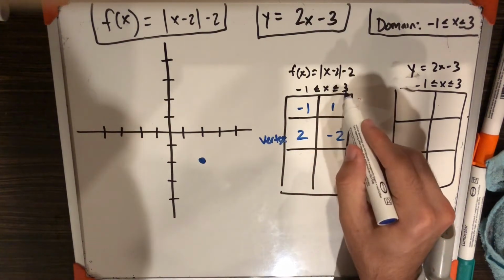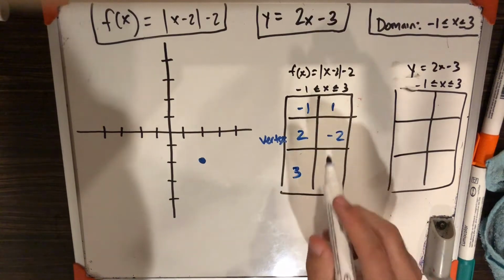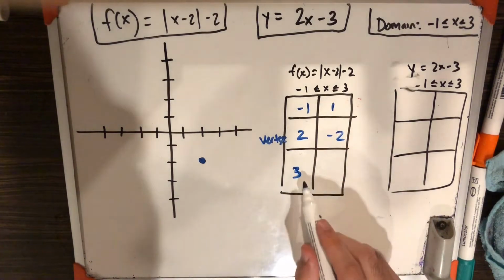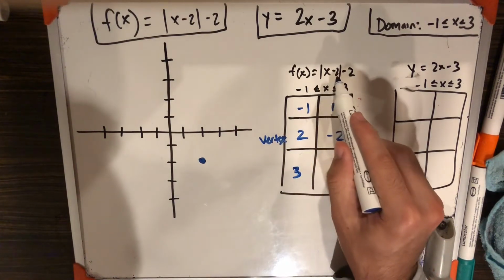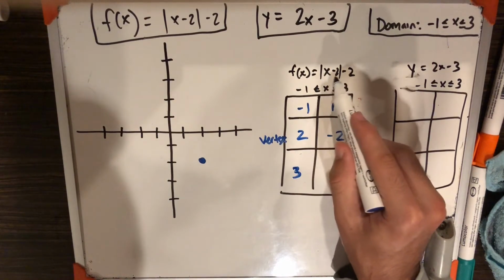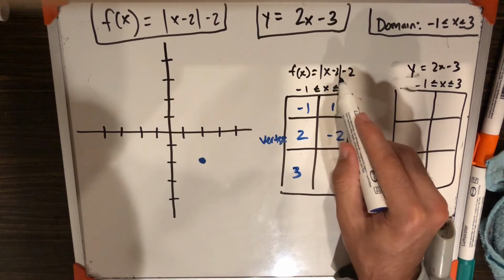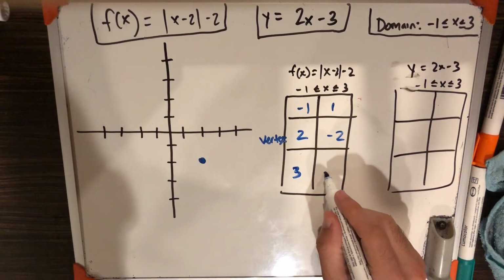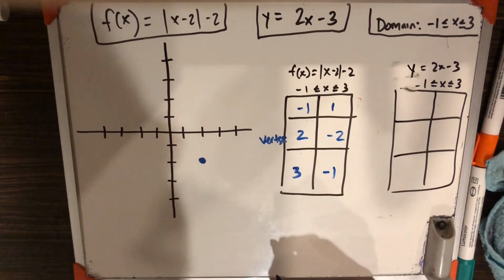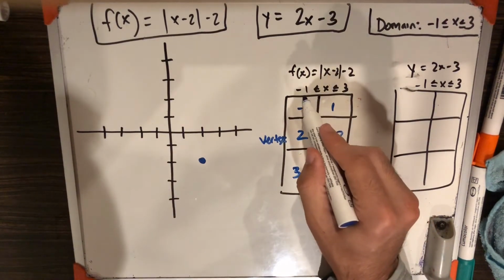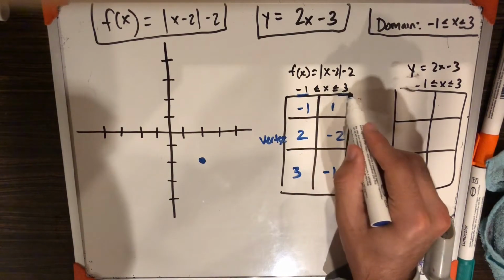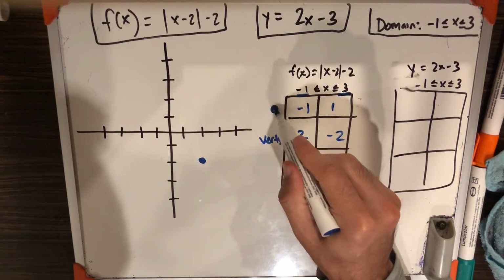Let's plug in 3, the other end of this absolute value. When we plug in 3, 3 minus 2 is 1. The absolute value of 1 is 1. And then 1 minus 2 ends up being negative 1. Okay? Remember, I'm including negative 1. I'm also including 3. So this should be a closed circle.